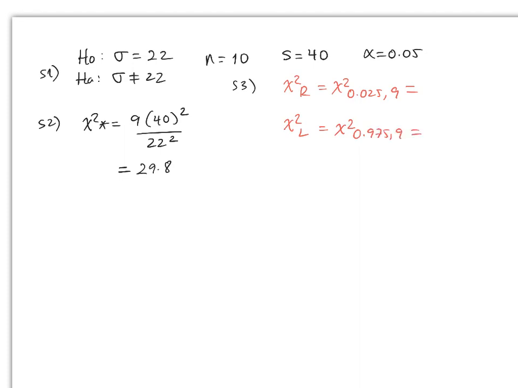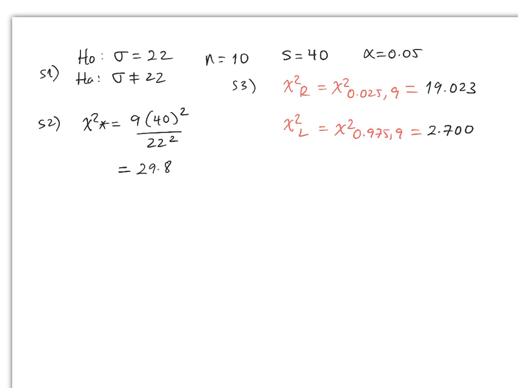So how much is that from the table? So the first one is what? 19.023. What about the second one? 2.700. All right.